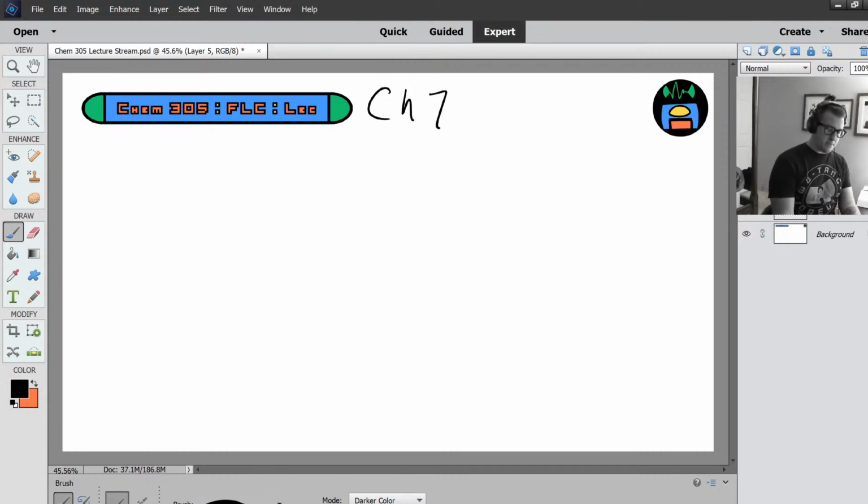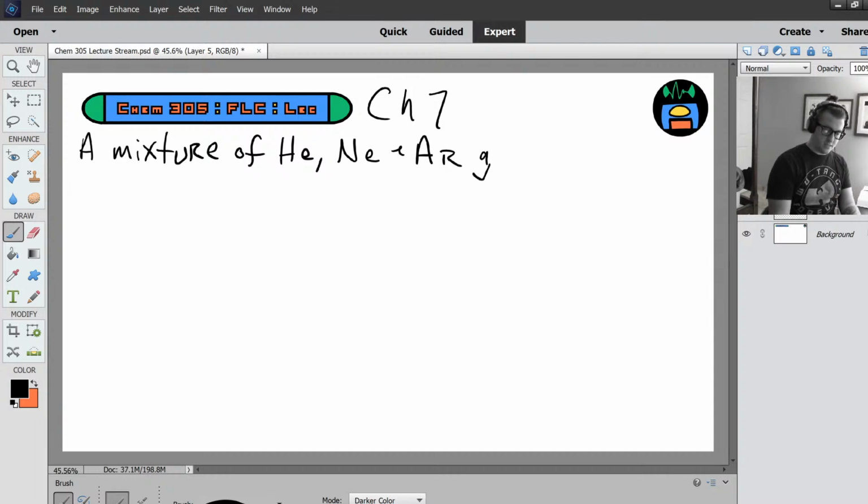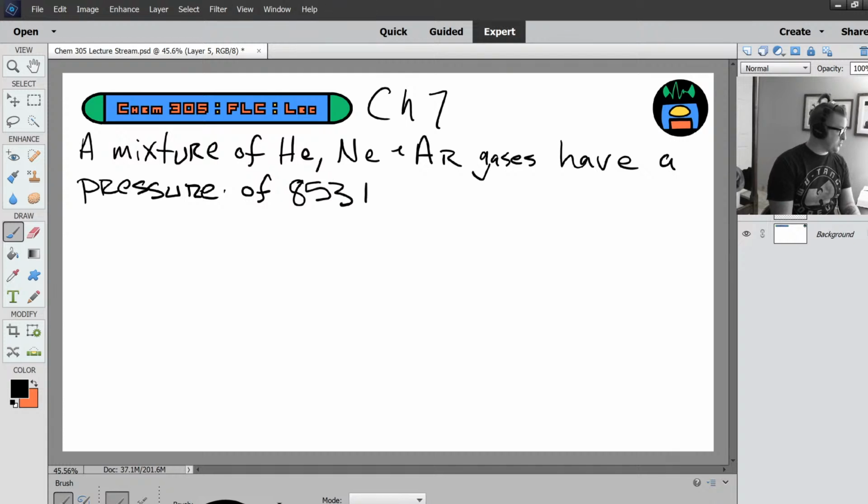So we're told in this example that a mixture of helium, neon, and argon gases have a pressure of 853 torr.